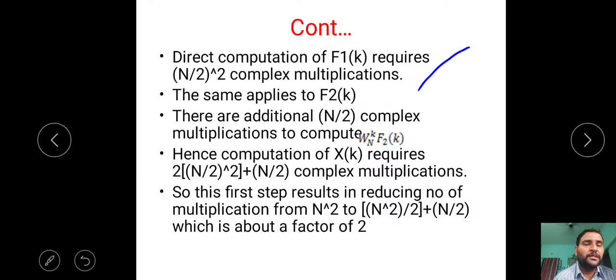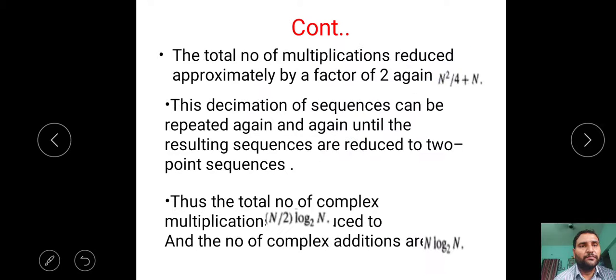If I take N equal to 8, what is the N square value? 64 complex multiplications are required to perform DFT in the direct method. But using the FFT algorithm, 64 by 2, 32 plus 4, 36 multiplications are required. That means the number of complex multiplications is reduced by the FFT algorithm compared to DFT.